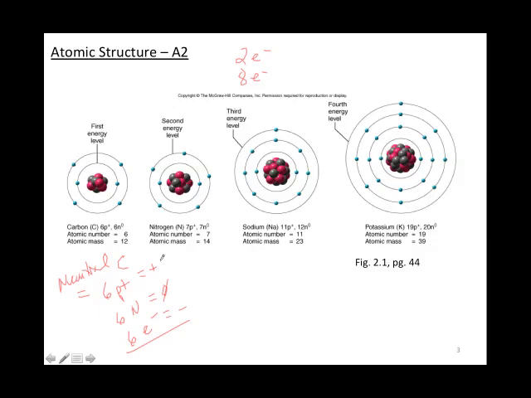If we add up the total positive charges, it gives us a total positive charge of 6. Neutrons would equal 0. Negative charges would be equal to negative 6. If we add up the total charges, we get a net charge of 0. And so a neutral atom will have an equal number of protons and electrons. This will be important later on when we talk about chemical bonding again.